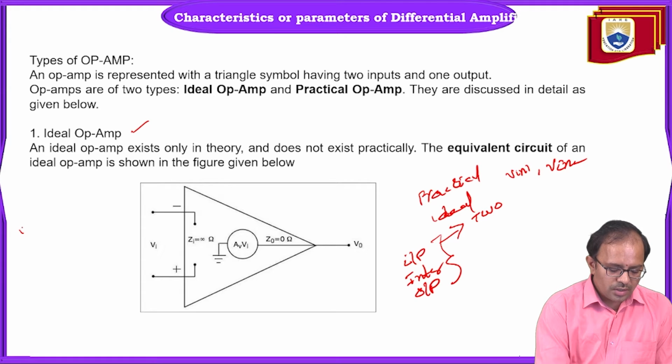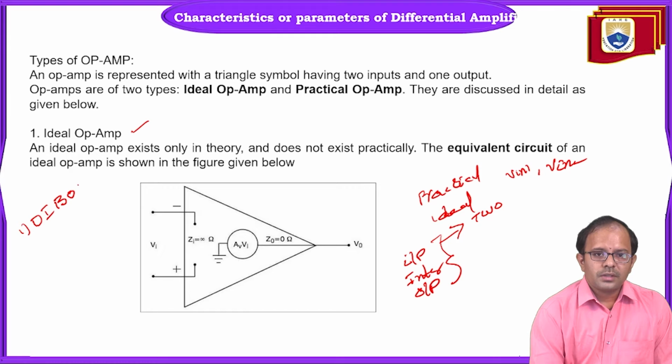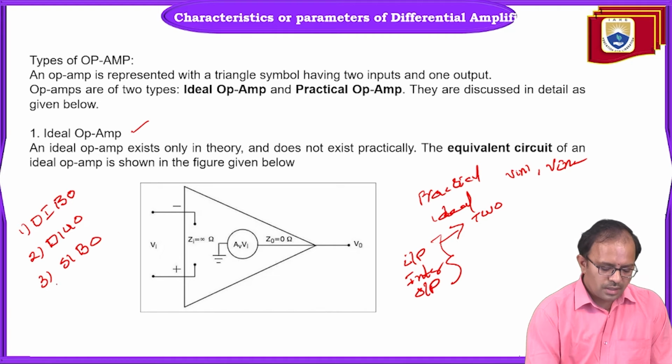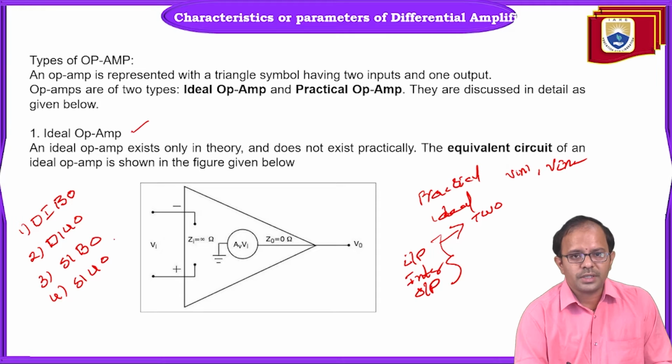One is dual input balanced output. The second one is dual input unbalanced output. The third category is single input balanced output configuration, and the fourth one is single input unbalanced output configuration.